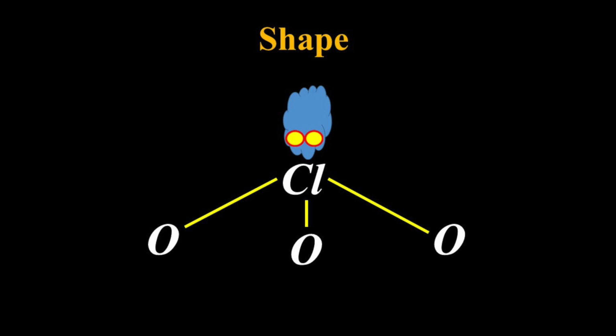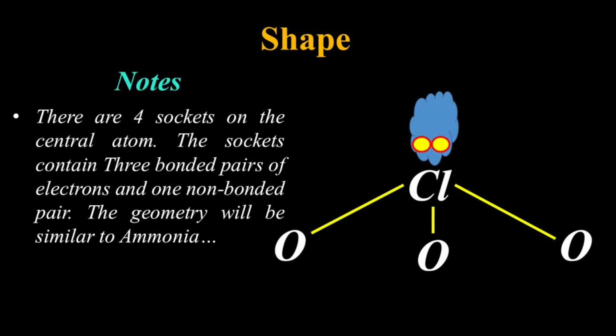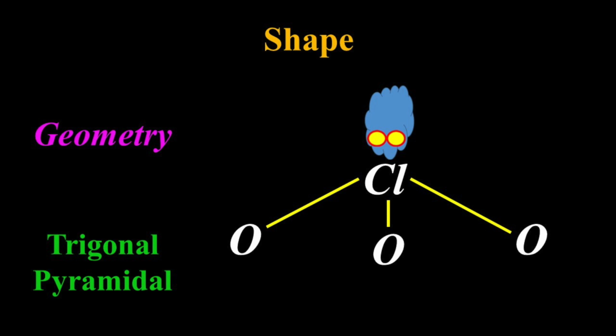Fairly straightforward. There are 4 sockets on the central atom. The sockets contain 3 bonded pairs of electrons and 1 non-bonded pair. The geometry will be similar to ammonia. Ammonia is the classic one, NH3. Same exact geometry. And it'll be trigonal pyramidal.